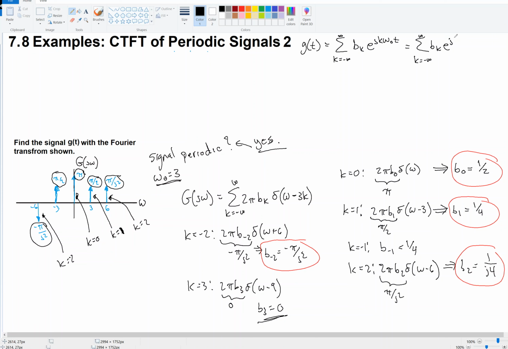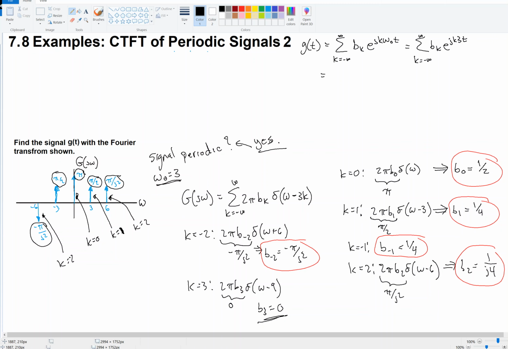So this is e to the jk3t. Great. Okay, so we've got an infinite sum here, but all of the bk's are 0 except for these 5. Forgot to circle this one. So I just need to consider those 5.